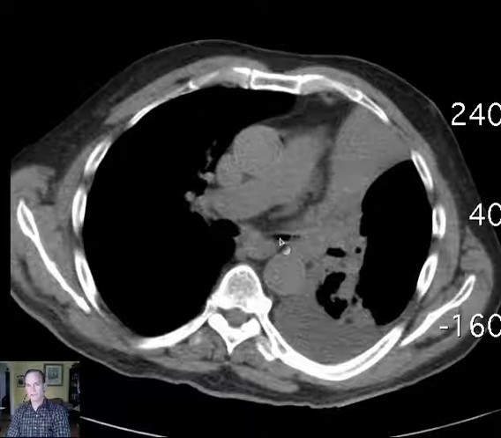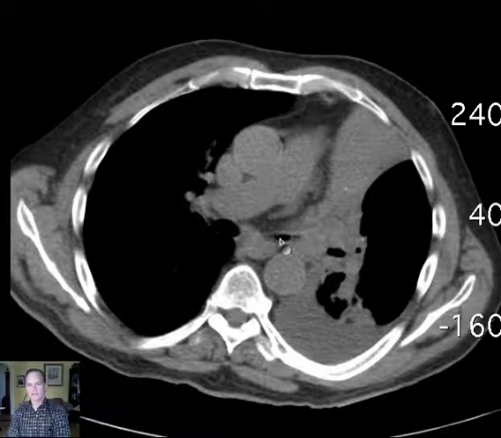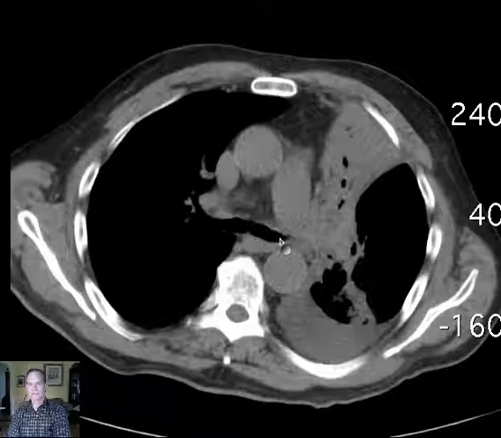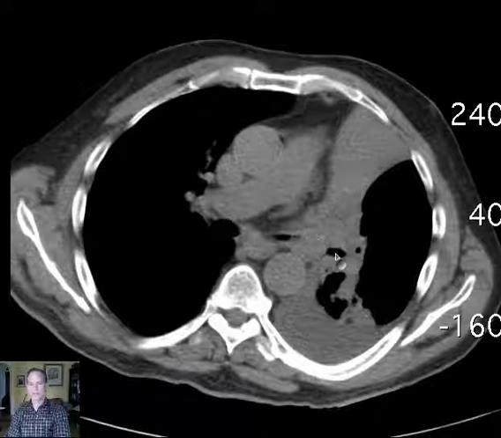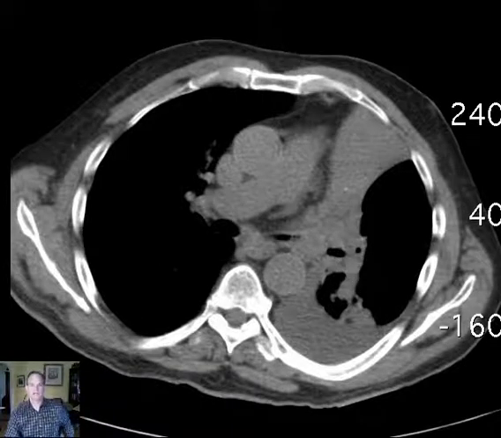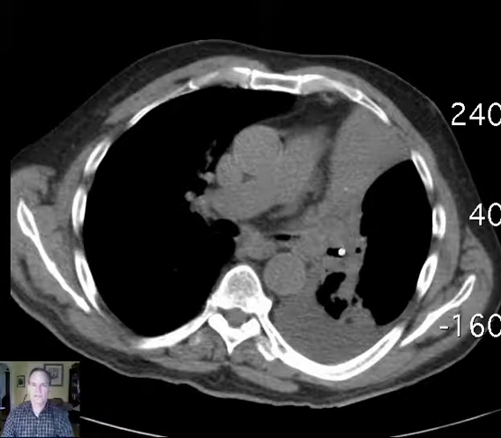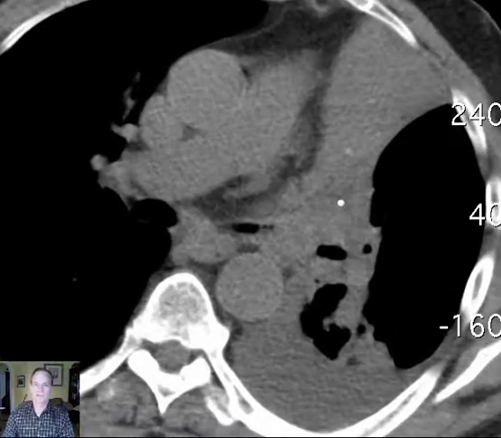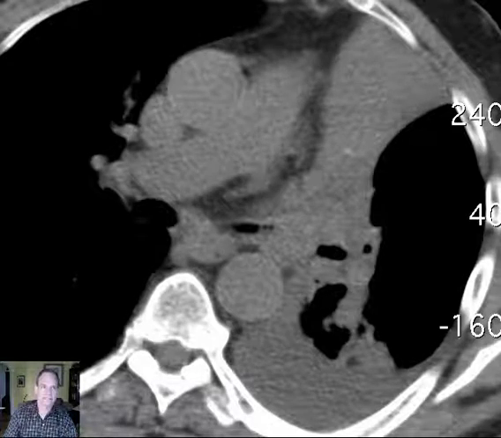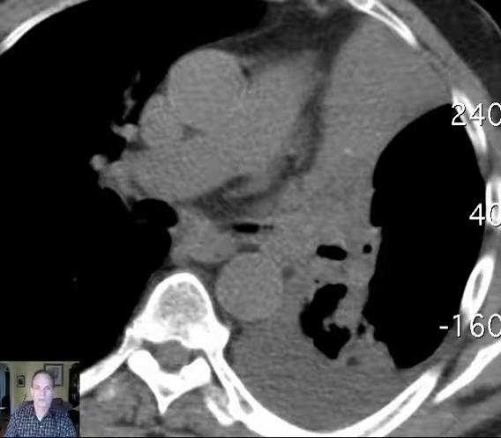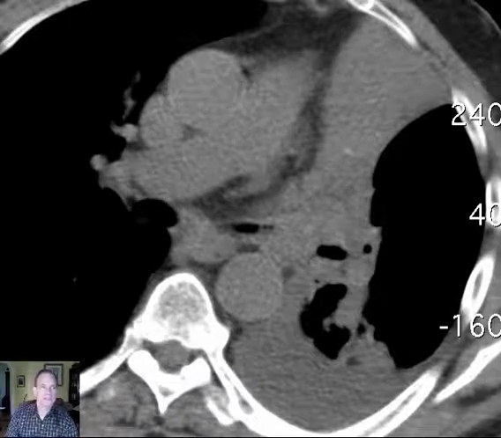Here you have a little bit of that left mainstem bronchus. Okay, and then if you follow it, it gets quite narrow right here. So this is the kind of thing we're looking for. Once you have an idea of the type of thing that's going on, this is where you have to get out your magnifying glass, or we used to, and really study what you think this might be.